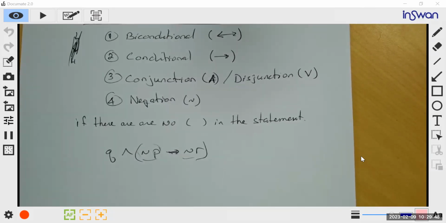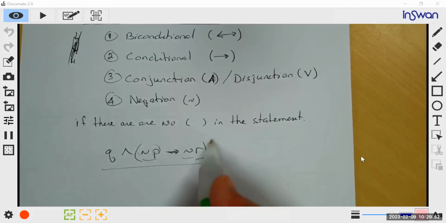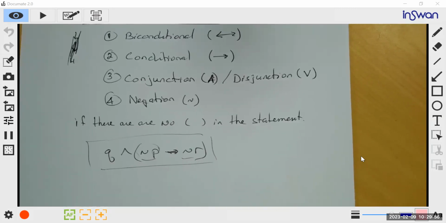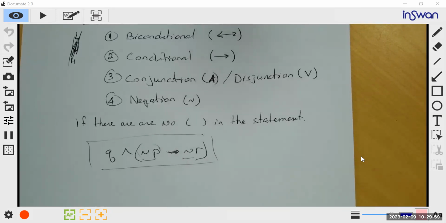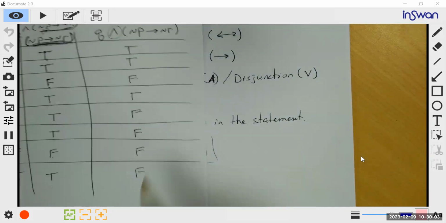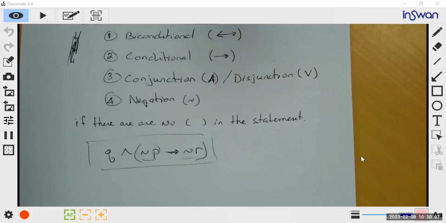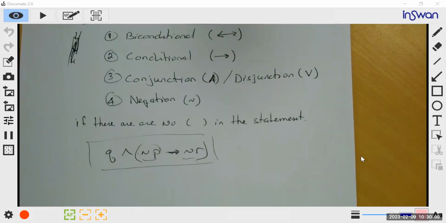That's why I have to do what's inside the parentheses first and read left to right. So this is the correct statement, which means the second one we did is the accurate one.